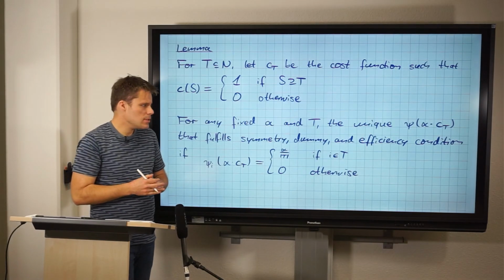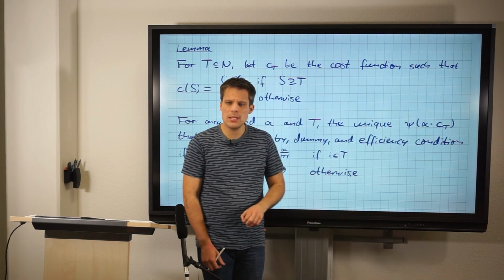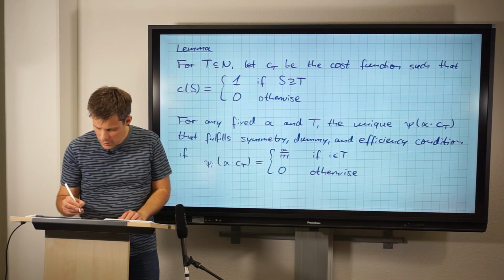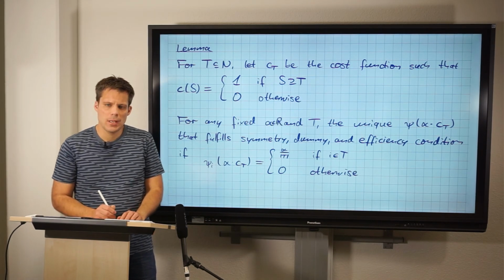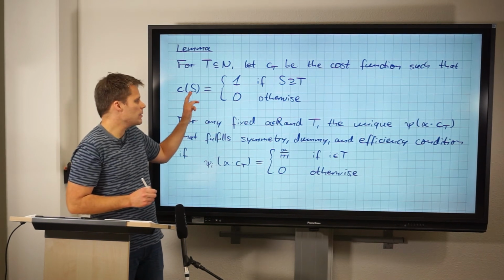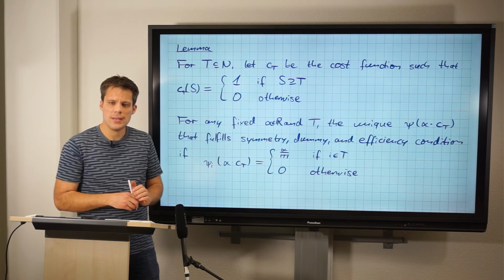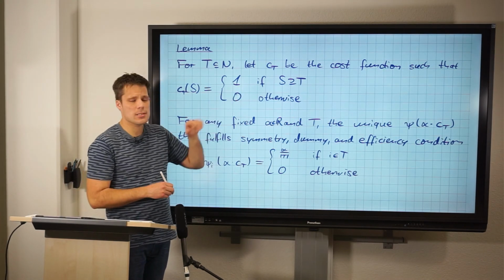What do I mean by this notation? I just mean that this function Ct we multiply by any alpha, and that should be just any real number. So rather than having this function Ct of S, we now just take alpha times Ct of S, which just changes the 1 to alpha.